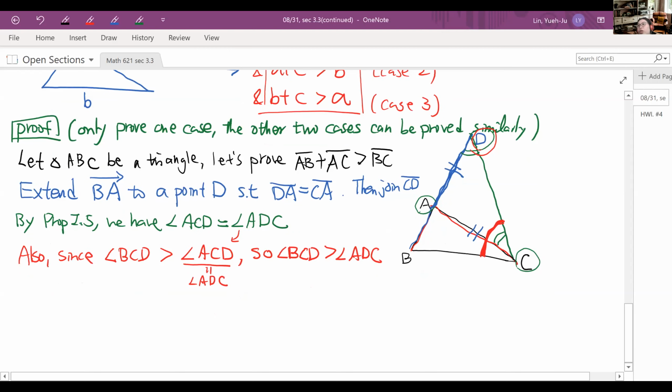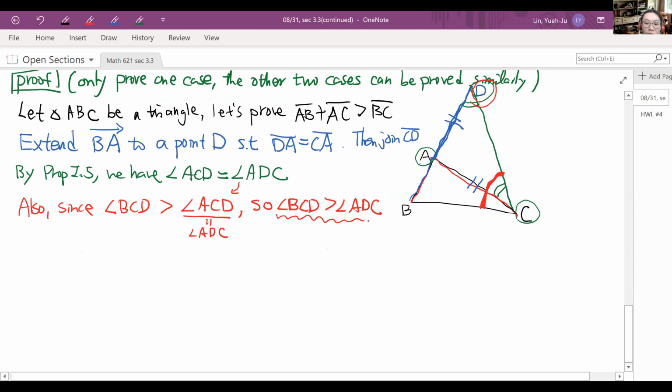Okay, you might wonder what's going on here. The reason we want this comparison of the angles is that later on we are going to use a very useful proposition that we saw before. So I'm going to come back to the triangle BCD.